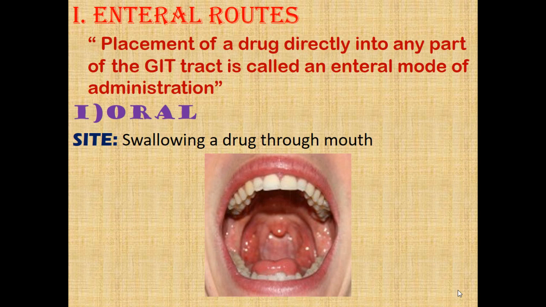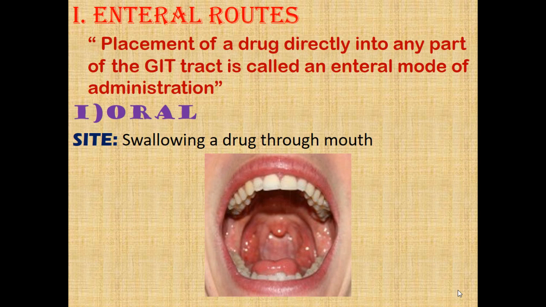The first line should be that. Second is the site, meaning where in the body you are going to administer. Third is the merits or advantages. Advantages and merits are both the same, but different books use different words. Next is the disadvantages. Last one is the example.